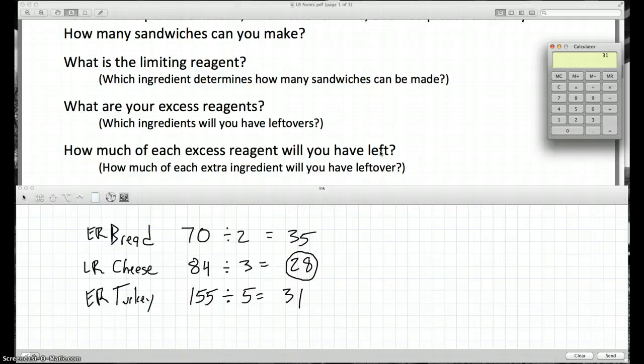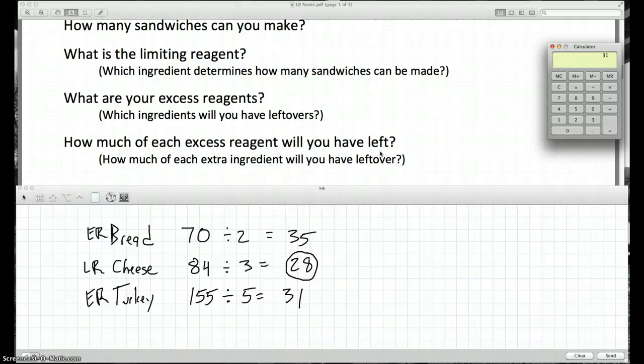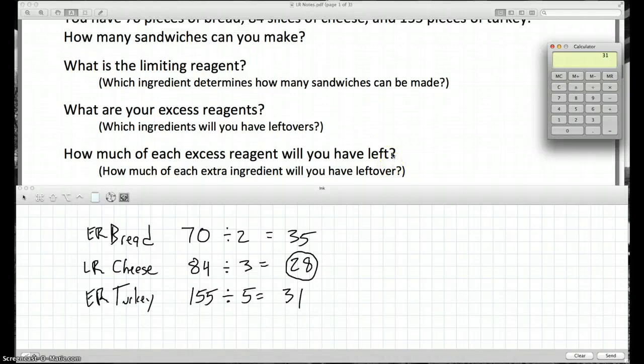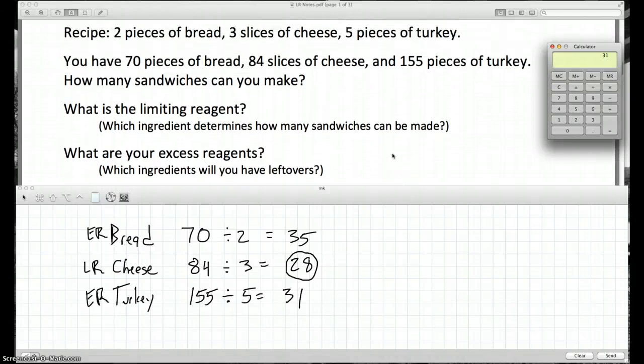Last question here is, how much of each excess reagent will you have? This is a little tricky because we're talking about sandwiches here. 35 to 28, that is a 7 sandwich difference. Since each sandwich has 2 pieces of bread, that's 7 sandwiches worth of bread, 7 times 2 is 14.